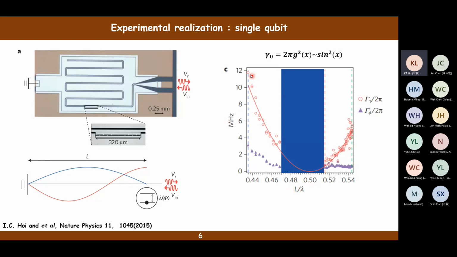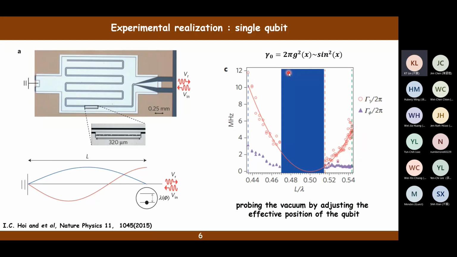As you can see, the results agree with the theory prediction very well. So this means that we can use this kind of setup to probe the properties of vacuum by changing the position of the qubit.